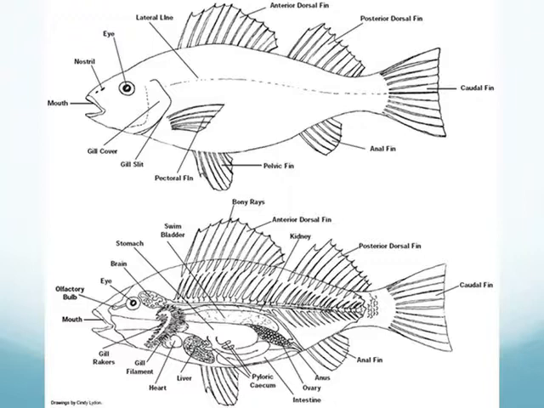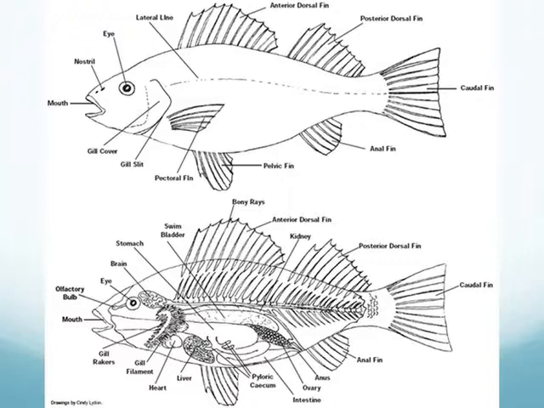So you'll see that all fishes should have mouths. I hope that fish has a mouth. They will have nostrils, they will have eyes, they will have a gill cover, which is known as an operculum. They will have a gill slit, a pectoral fin, pelvic fin, anal fin, caudal fin, which is your tail fin.